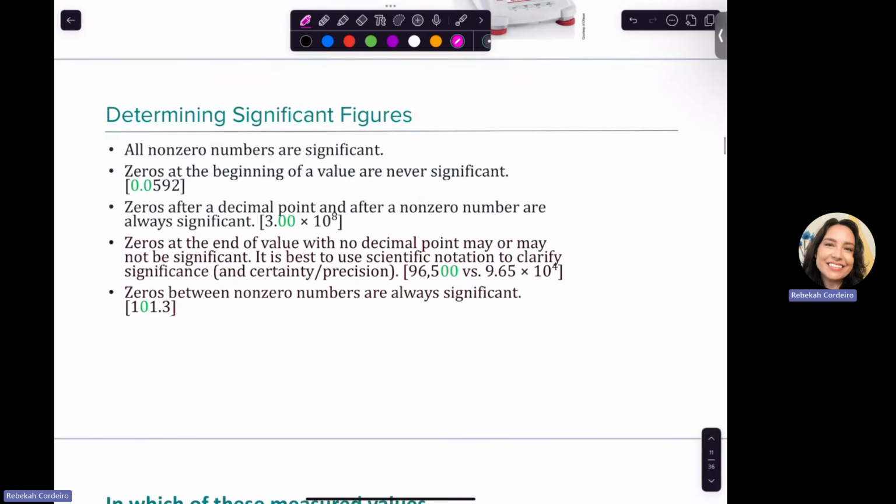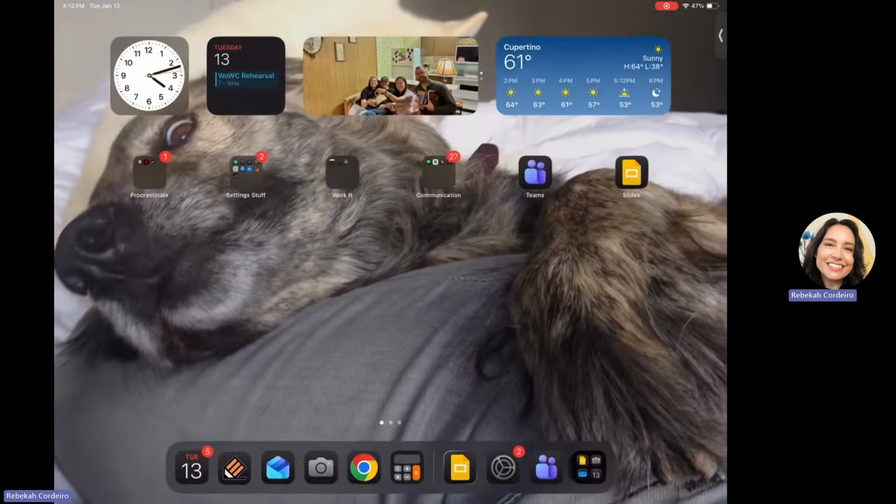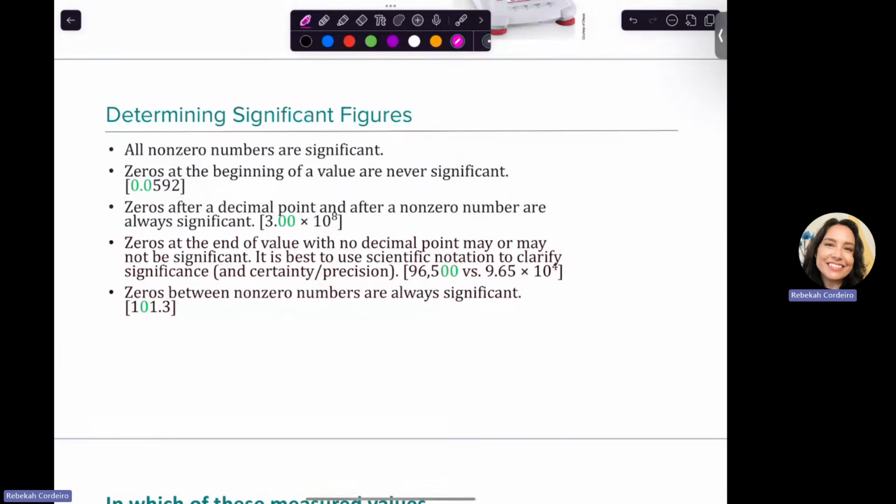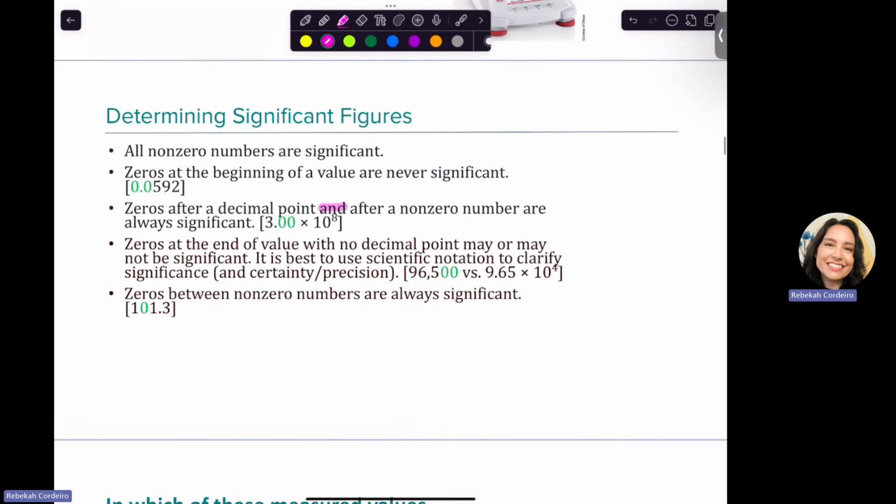So how do you know if a number is significant? All non-zero numbers are always significant. Zeros at the beginning are never significant. Zeros after a decimal point and after a non-zero number are always significant. That's an "and" there. Zeros at the end with no decimal point may or may not be significant.